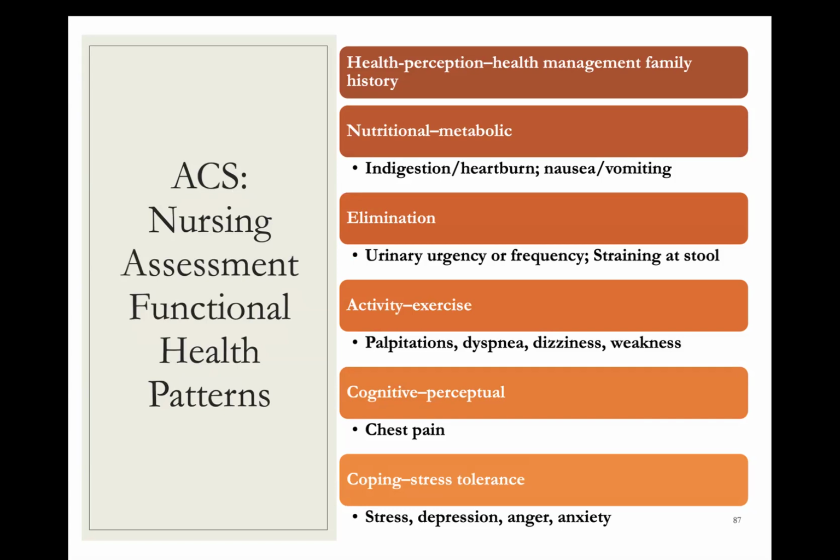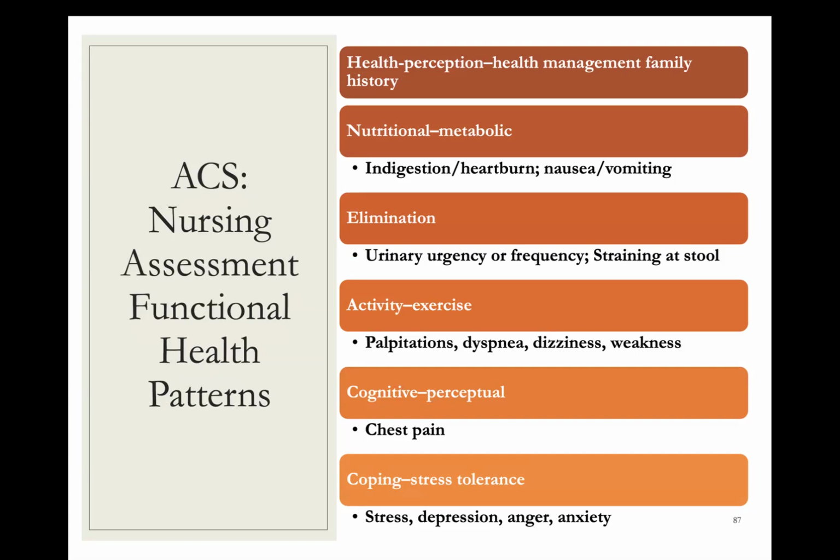So, what is their family history, their current nutritional status, their elimination patterns, their activity and exercise? Specifically, we want to know how active they are, and we want to know if they have any chest pain, pressure, or palpitations, shortness of breath, dizziness, or weakness with activity.